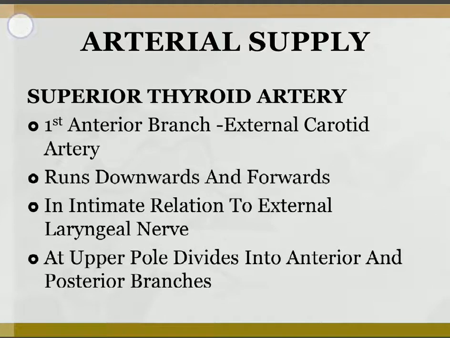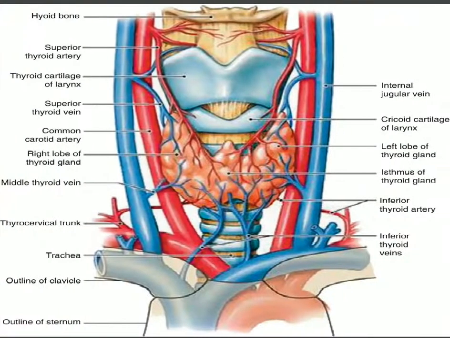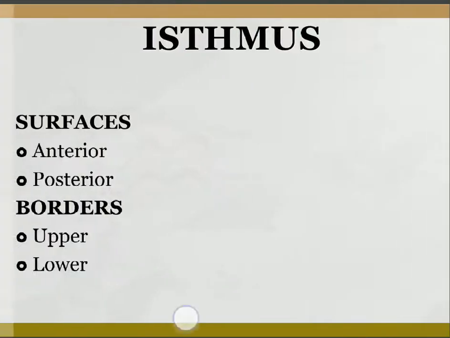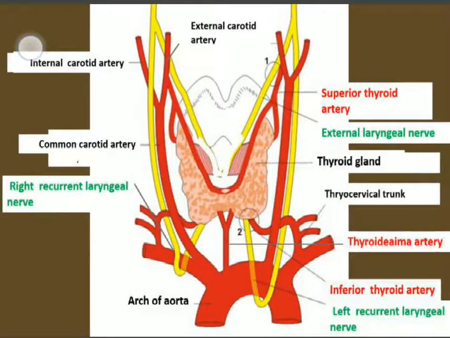Arterial supply of the thyroid gland. So the external carotid artery gives the branch, which is the first anterior branch of the external carotid artery, which is the superior thyroid artery. Here in this figure you can see.